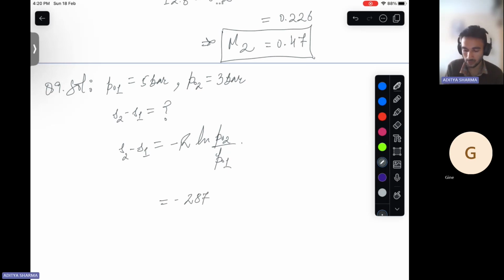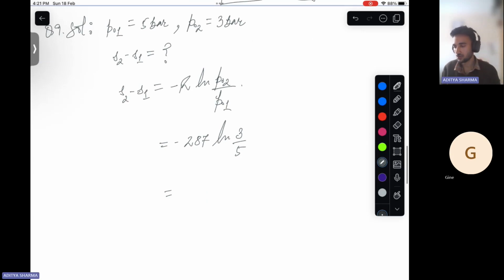The gas constant has been given as 287 and P02 is 3 and P01 is 5. So please solve this and give me the answer.